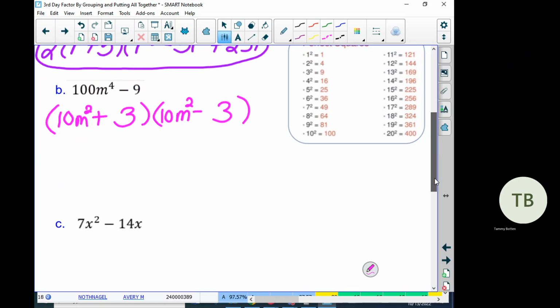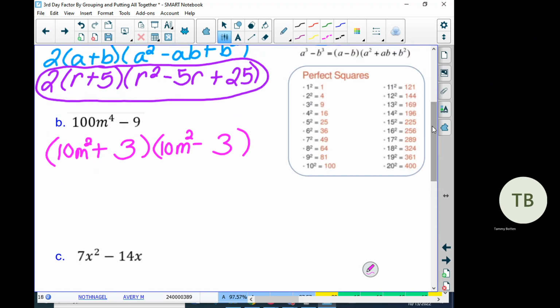But for it to be difference of squares, 10 has to be on this perfect square, like in the red, okay? And 3 would have to be here in the red. And they're not perfect squares, so that means you can't take that further. You guys get that?